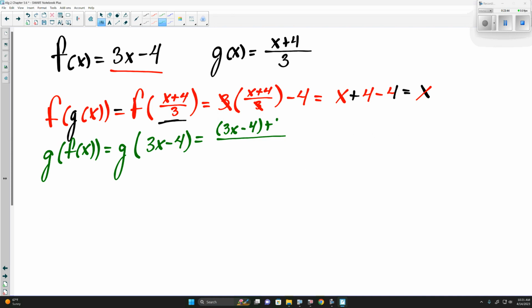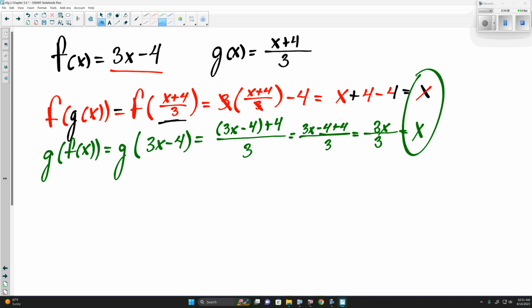There's 3x minus 4 plus 4 all over 3. Which is really saying that we have 3x minus 4 plus 4 divided by 3. Well, our plus 4 and minus 4 cancel out, giving us 3x divided by 3, which is x. Well, this is the first one where they're the exact same, yes?